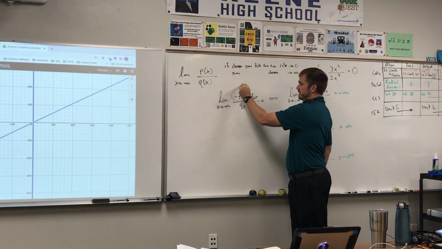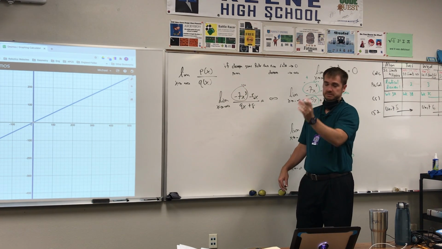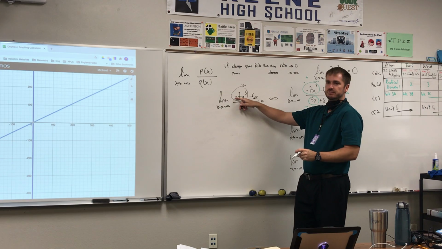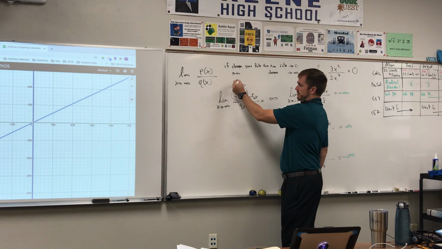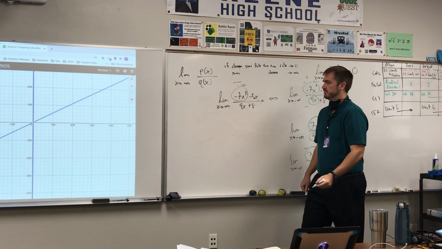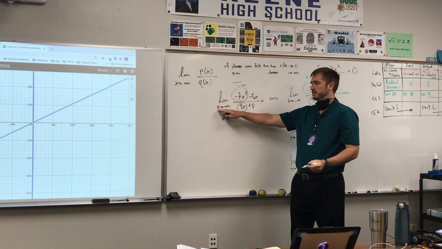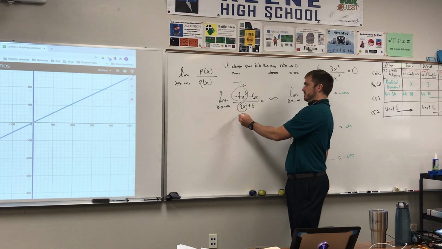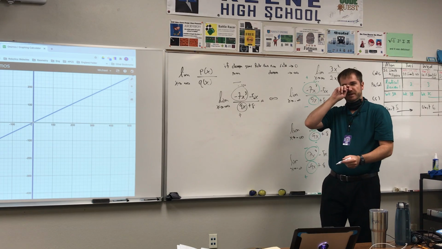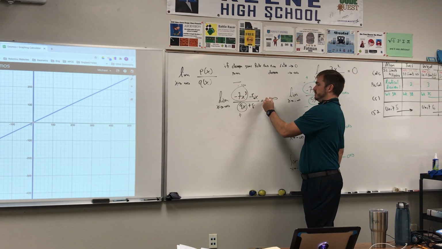So x cubed is positive, times the negative gives a negative in the numerator. In the denominator, the x's are positive, so that's a positive. A negative over a positive is a negative.